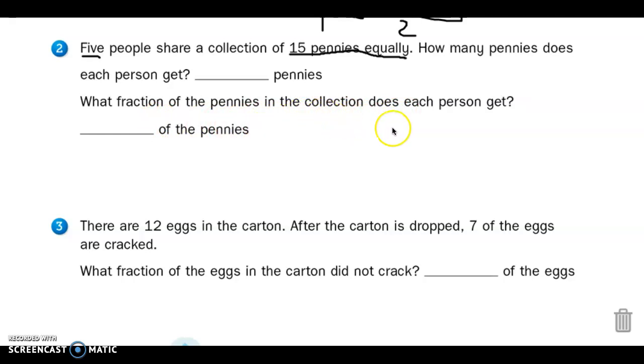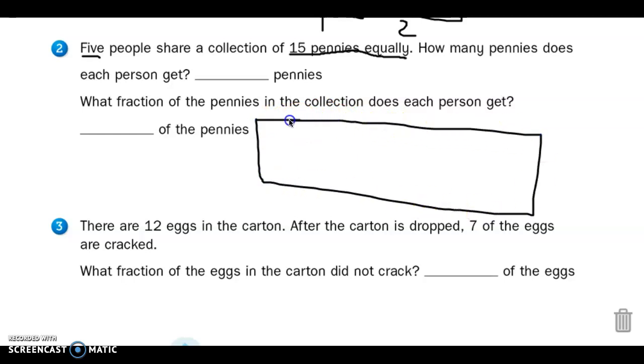Well, again, I'm going to start off by drawing equal groups. Do 1, 2, 3, 4. Okay, so this is person 1, person 2, person 3, person 4, person 5. I'm just going to put my total into equal groups.